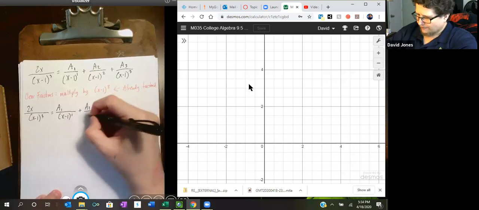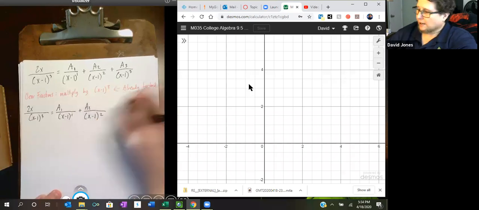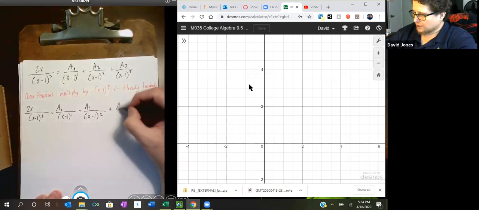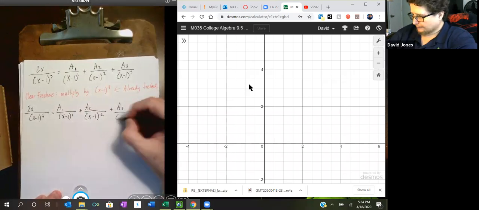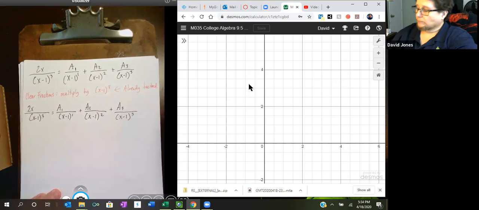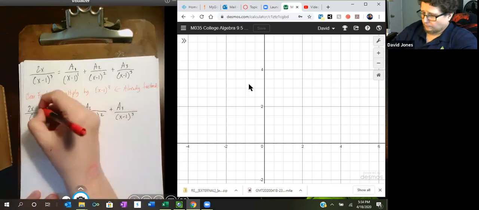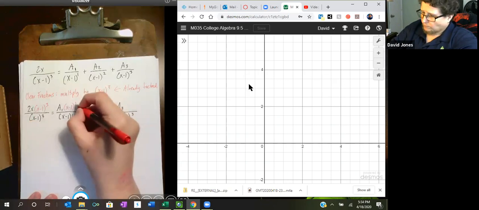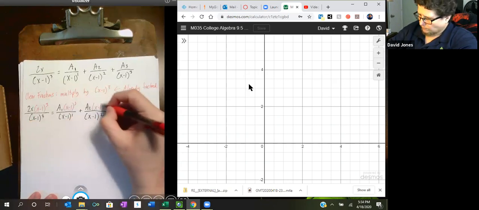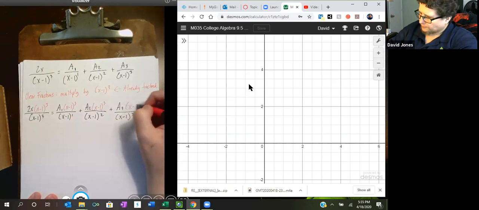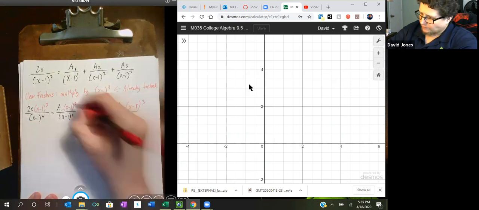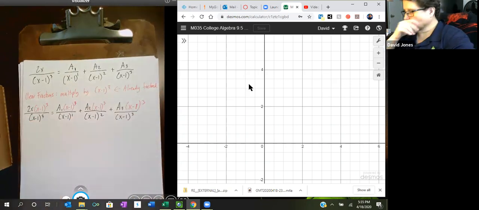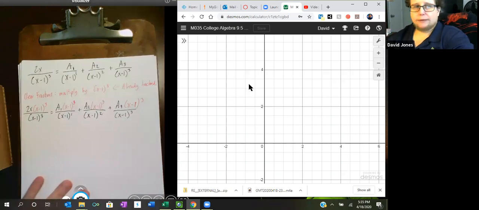I'm just rewriting everything, and then I'm going to multiply through by my x minus 1 cubed, and we see what we end up with.